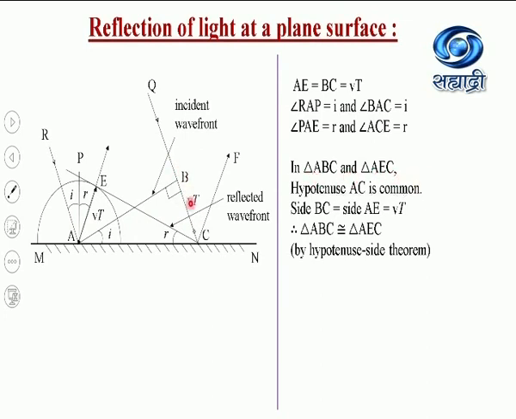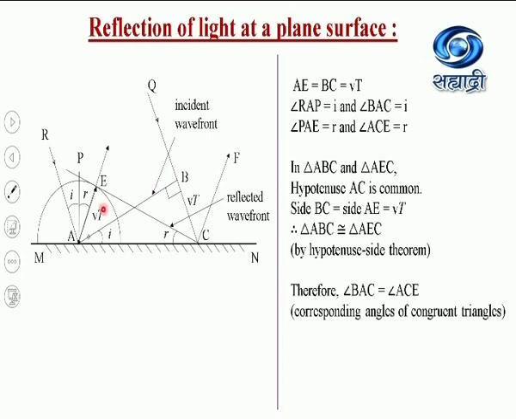Then side BC is equal to side AE, which is equal to VT. And therefore, triangle ABC is congruent to triangle AEC by the hypotenuse side theorem. As two triangles are congruent, their corresponding angles are also congruent, and therefore angle BAC is congruent to angle ACE.